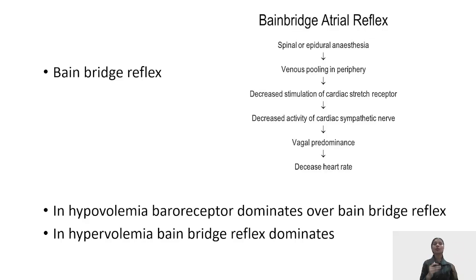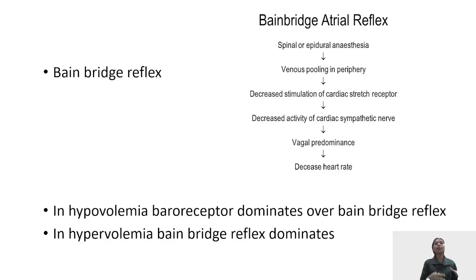Now, how are they going to balance this? In cases of hypovolemia, baroreceptor reflex is more activated than Bainbridge reflex. Thus we have tachycardia. But when you have hypervolemia, then Bainbridge reflex is more active. Thus, more fluid, more heart rate.